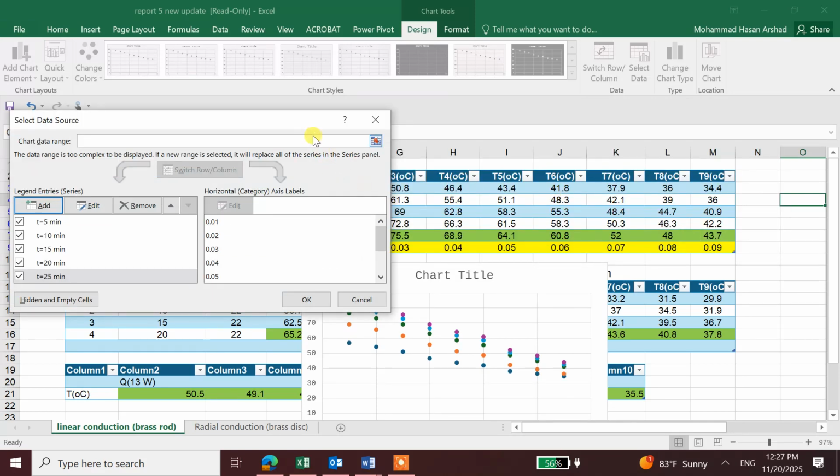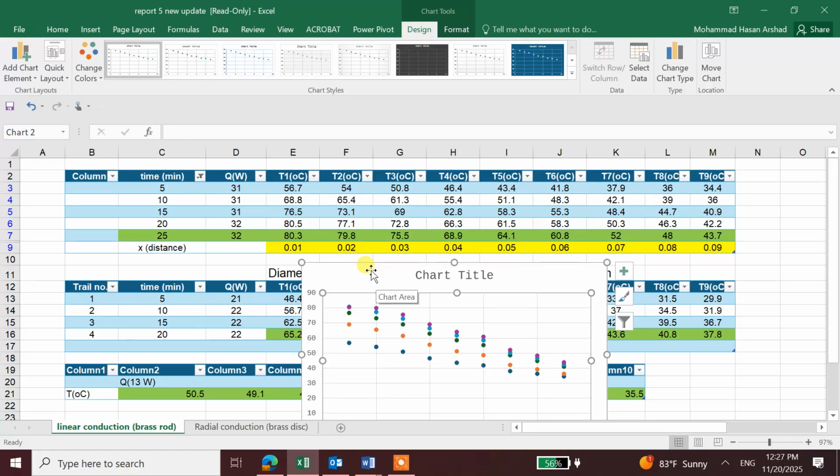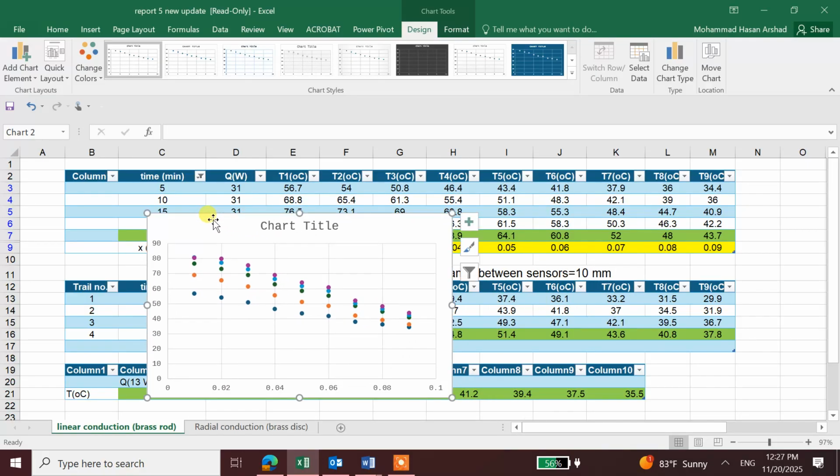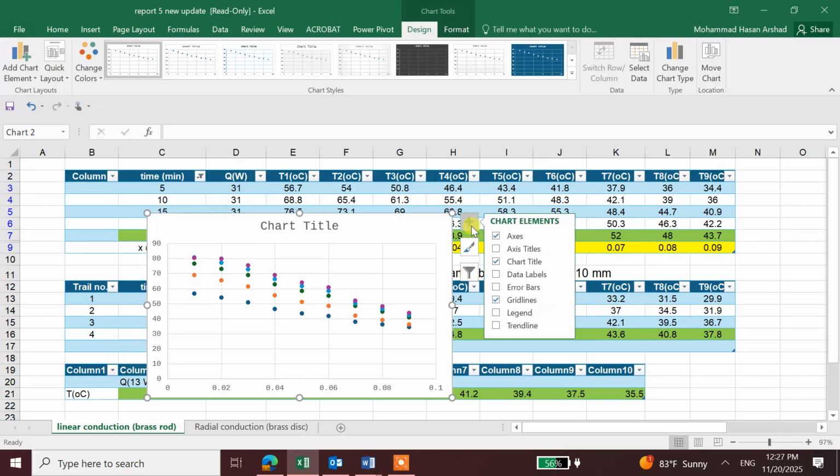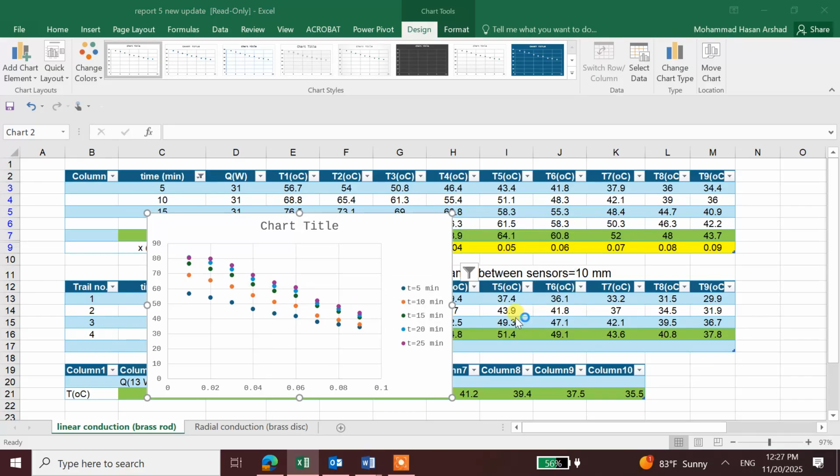So what we see here is the temperature profile along the length of the cylinder. You can show the legend. Now you can see t equal to 5 is this one, t10 is this one. There is a big difference, yes, because we switched on the heater.